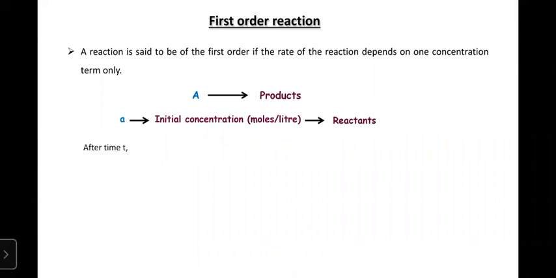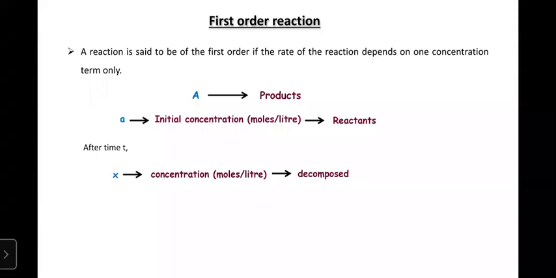So after time t, the change in concentration we can represent with x. After some certain time t, x is the change in concentration, also represented in moles per liter.